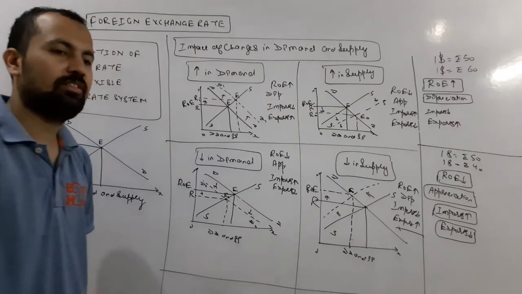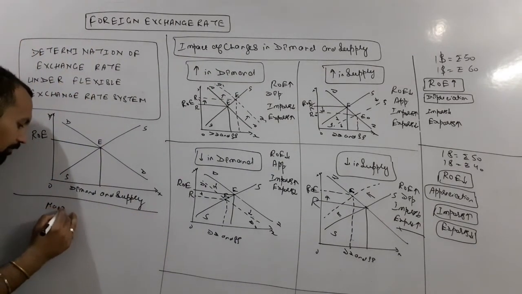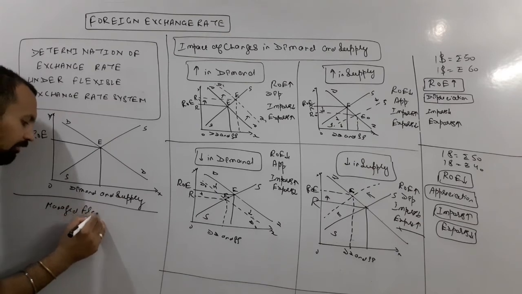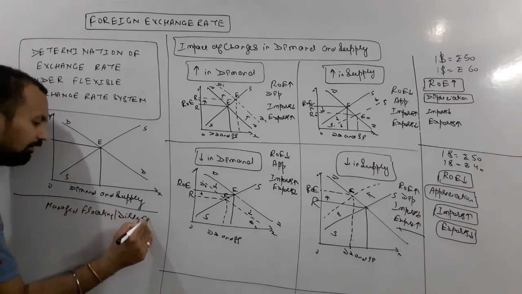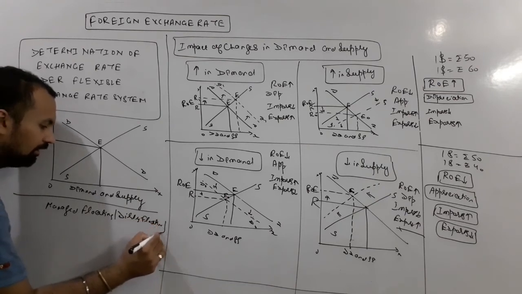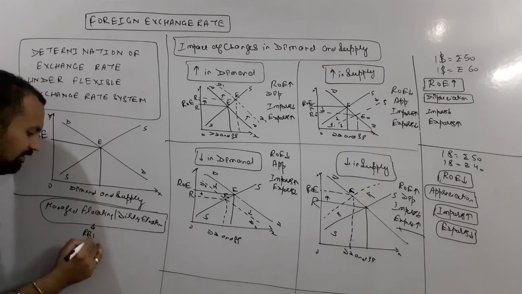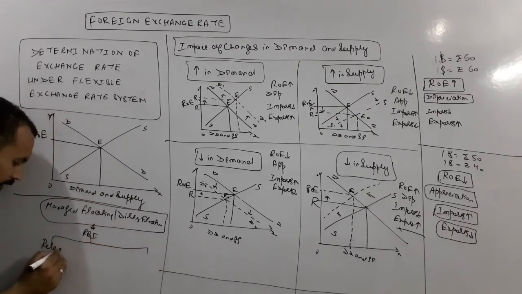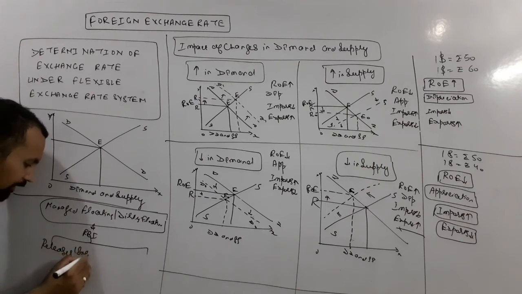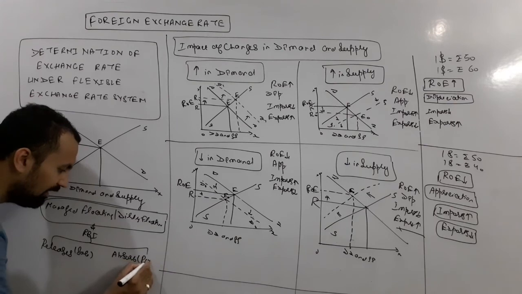Now we are going to discuss the last heading of this chapter, that is managed floating. Managed floating is also known as dirty floating. It is the instrument used by RBI in which RBI releases, that is sells the foreign currency, or absorbs, that is purchases the foreign currency.